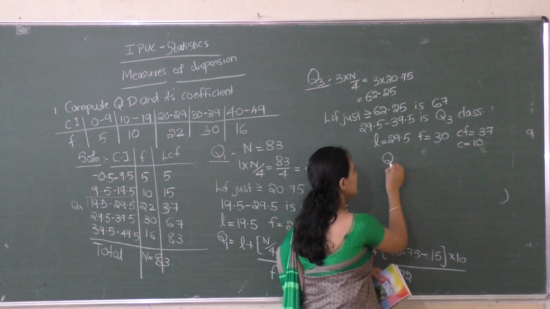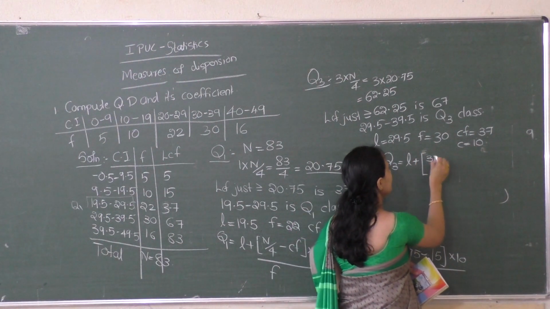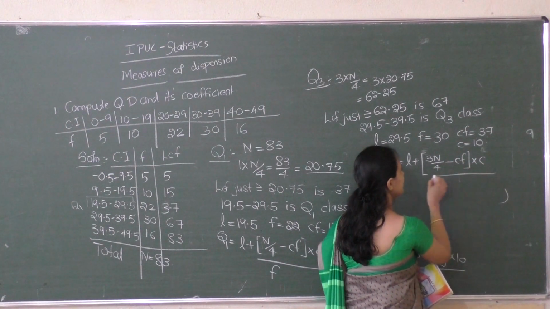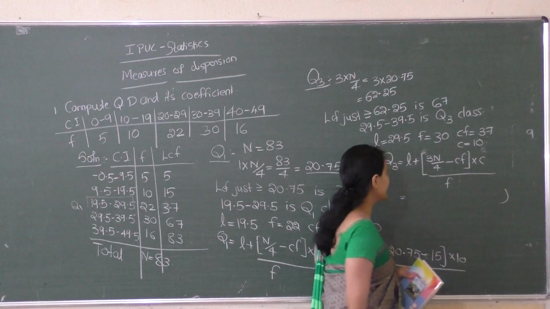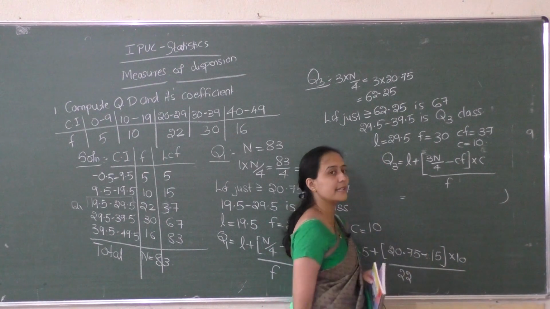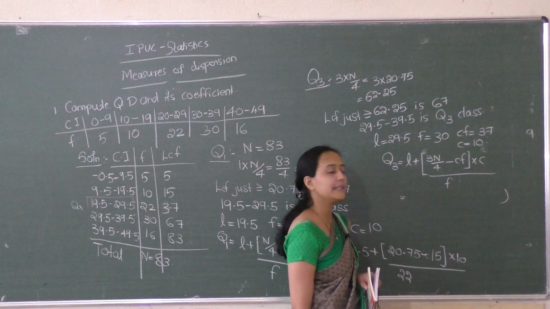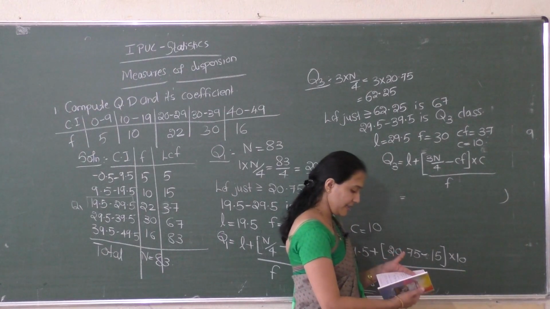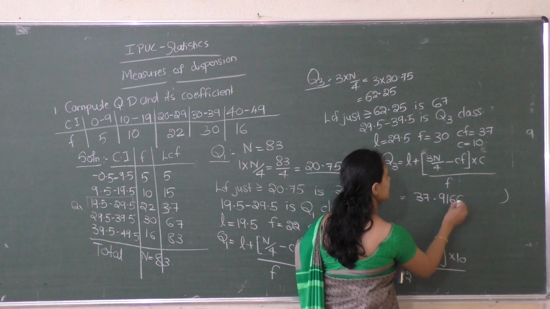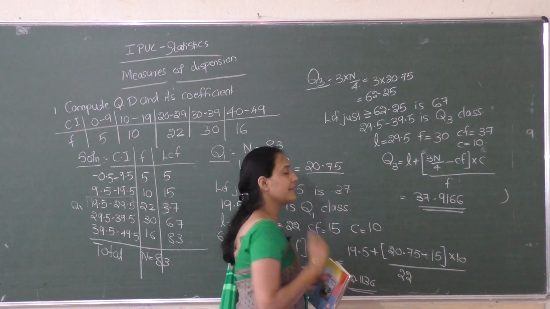Q3 equals L plus (3 into n by 4 minus CF) into C divided by F. L means 29.5 plus 3 into n by 4 is 62.25 minus CF is 37 divided by F means 30, into 10. Answer is 37.9166. Clear? Yes, that is our Q3.